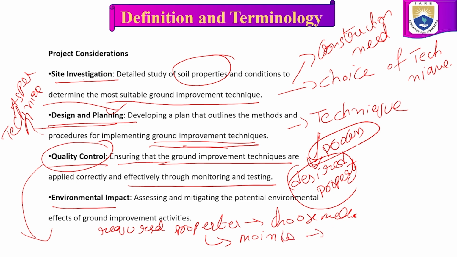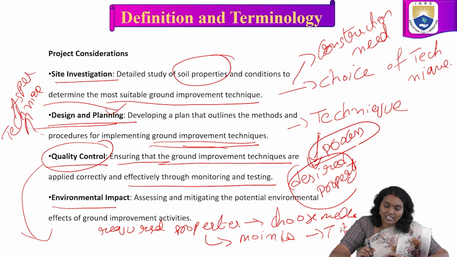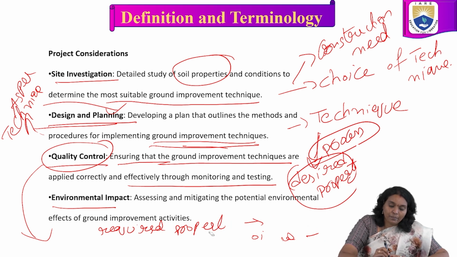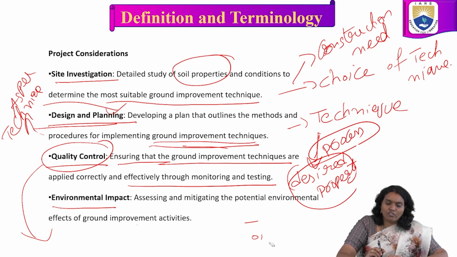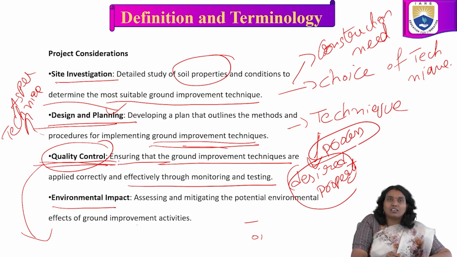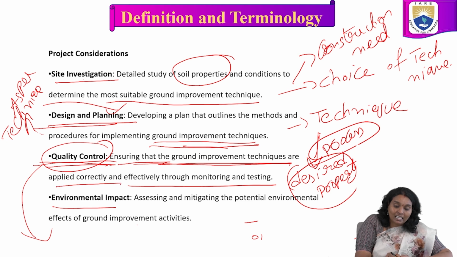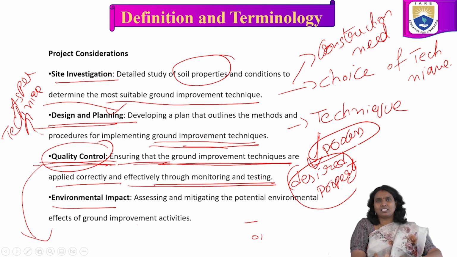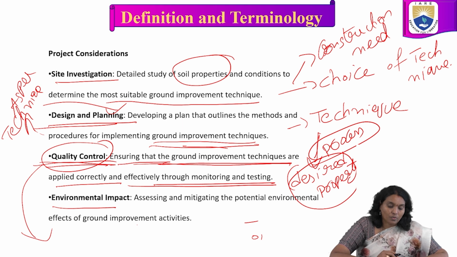In some cases, tests are also conducted before and after the process is completed, to check whether we get the desired property. So we monitor and test for quality control.